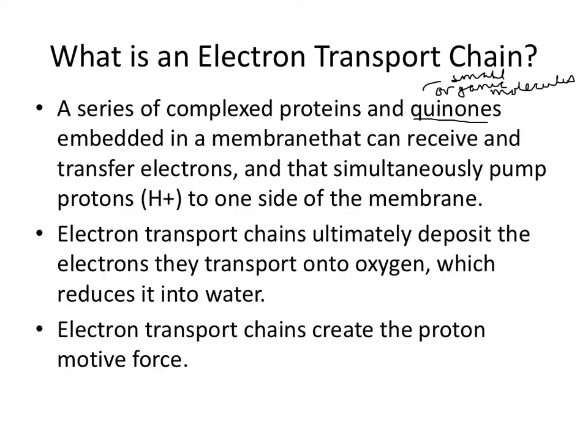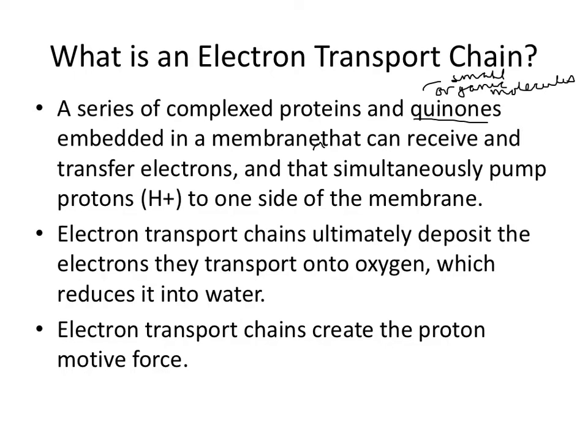This series of complex proteins and quinones is embedded in a membrane. That membrane in eukaryotic cells is the inner mitochondrial membrane. In prokaryotic cells, that membrane is the cytoplasmic or cell membrane.